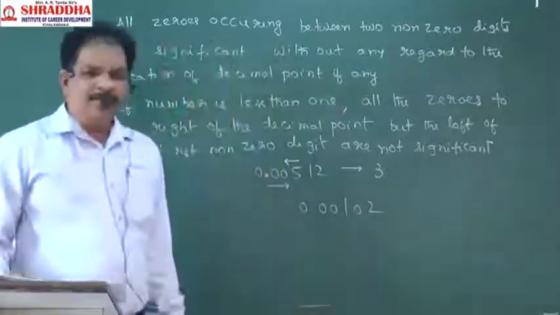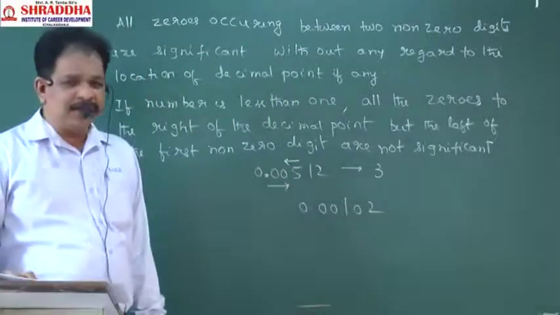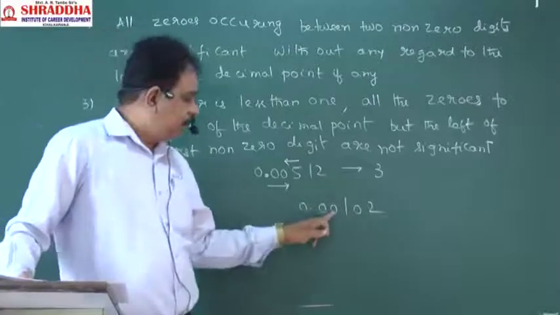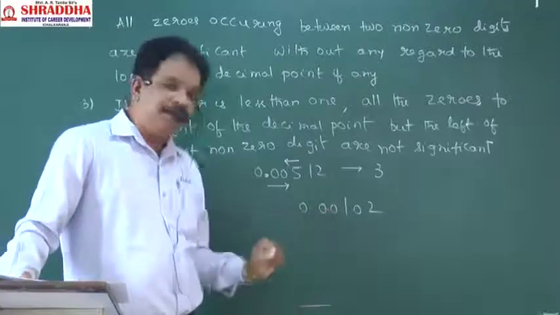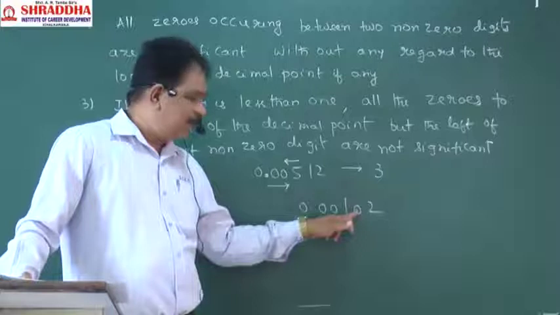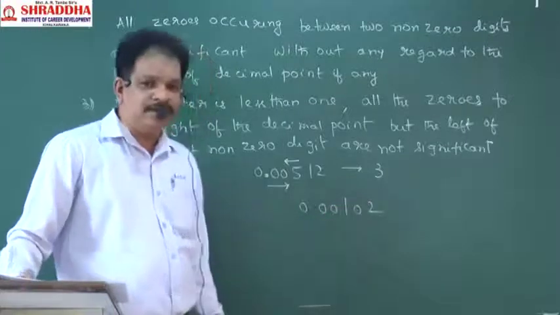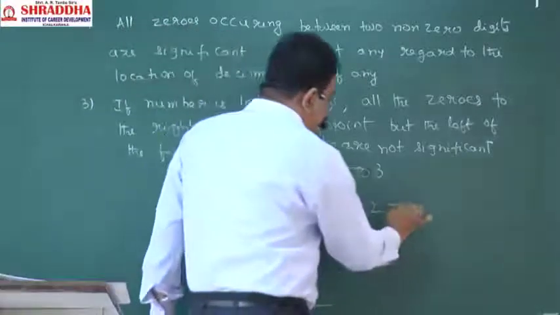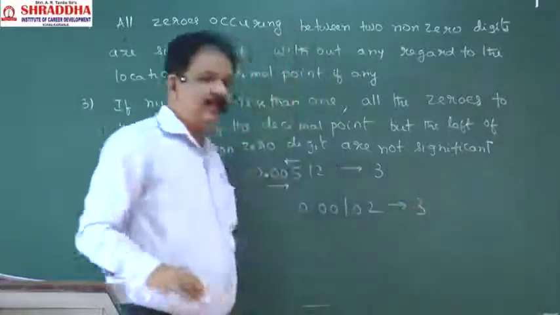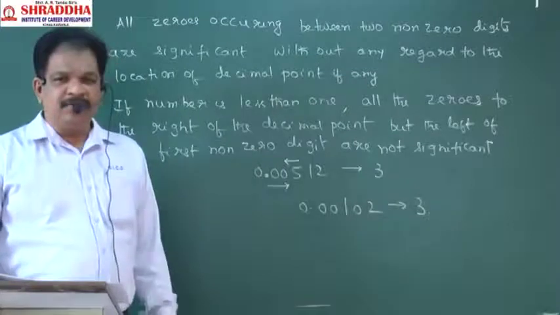For example, 0.00102. How many significant figures is it having? These two zeros are not significant, but this zero is significant because it is in between two non-zero digits. So the number of significant figures in this number will be equal to 3.